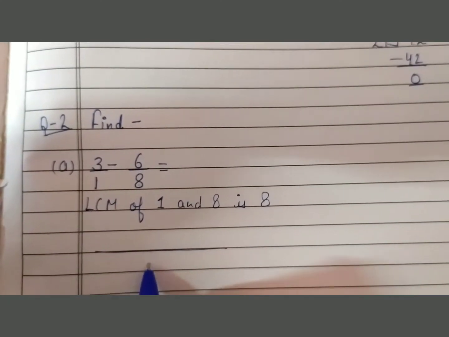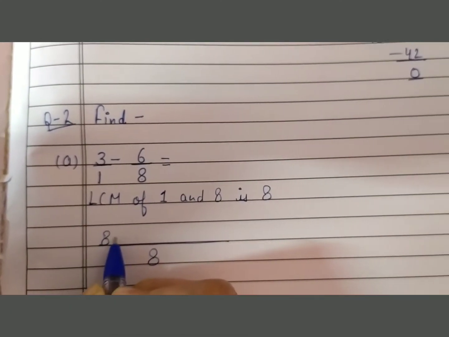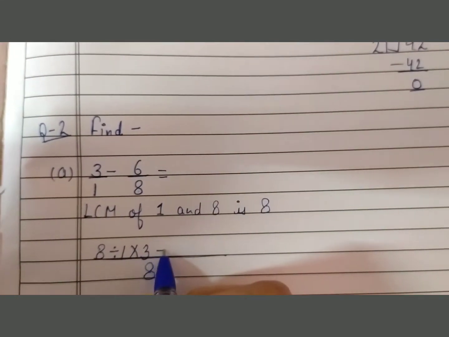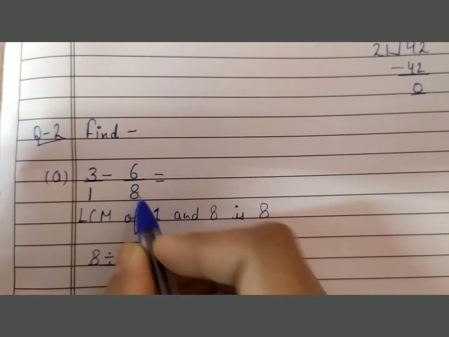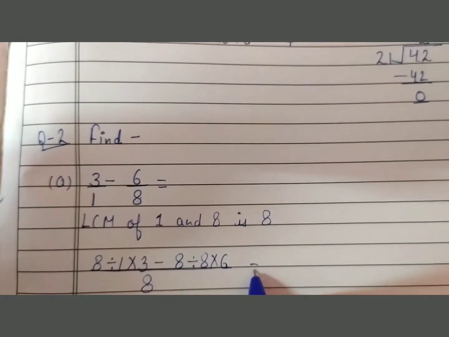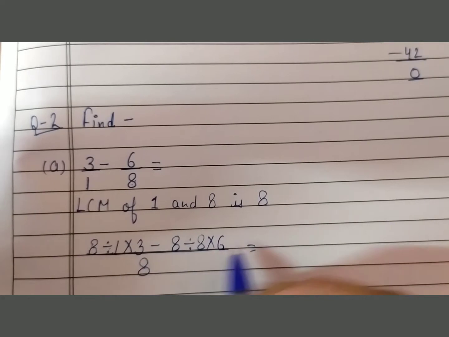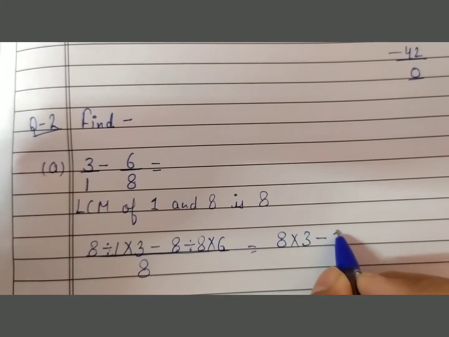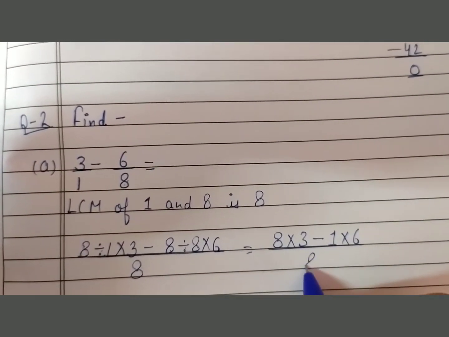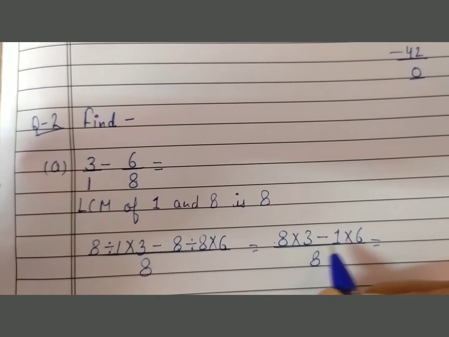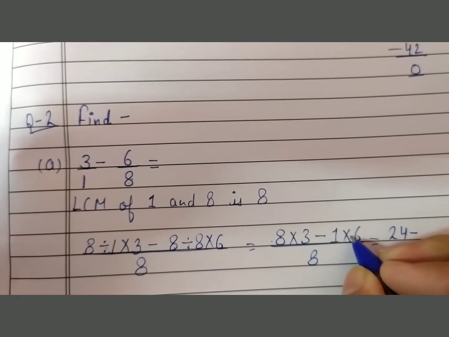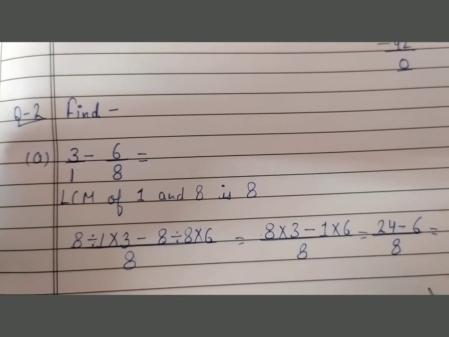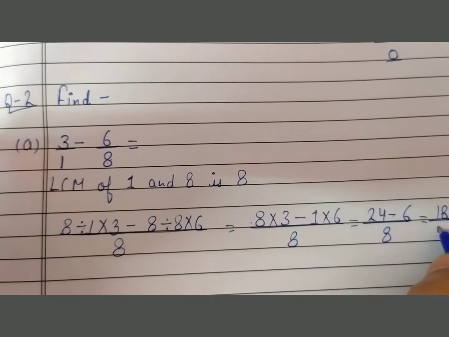Write 8 in the denominator. 8 divided by 1 multiply by 3, subtract, again write 8 divided by 8 multiply by 6. 8 divided by 1, 8 multiply 3 minus 8 divided by 8, 1 multiply 6 upon 8. 8 multiply 3 equal to 24 minus 1 multiply 6, 6 upon 8. 24 minus 6 equal to 18 upon 8.